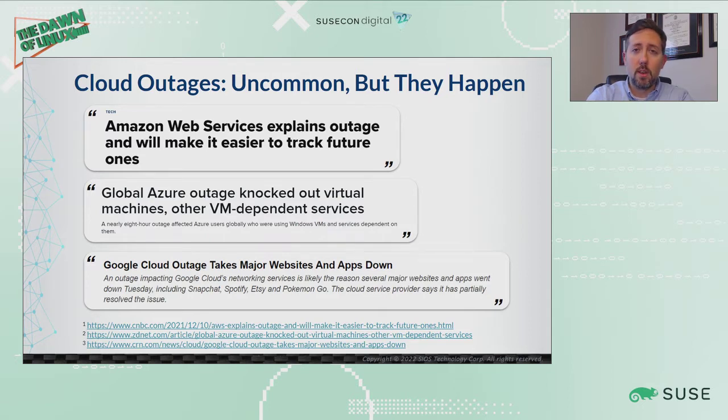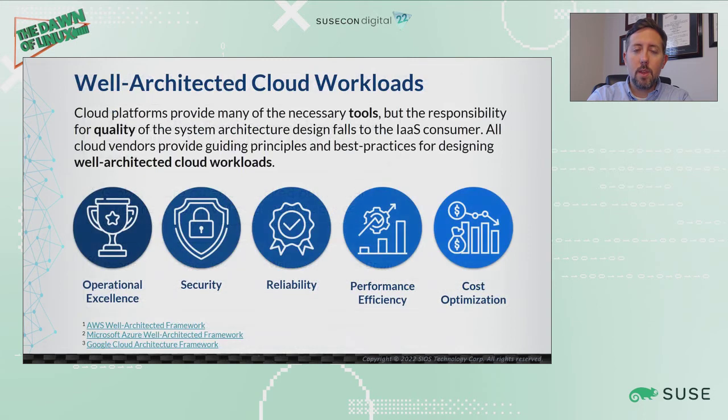The good news is that these things are rare, and when they do happen, they are usually isolated to a single availability zone, meaning a single isolated cloud data center, or potentially just a single region. So if we're careful about how we architect our SAP workloads, we can mitigate against failures like this. And the fact that cloud services are going to fail from time to time isn't a secret.